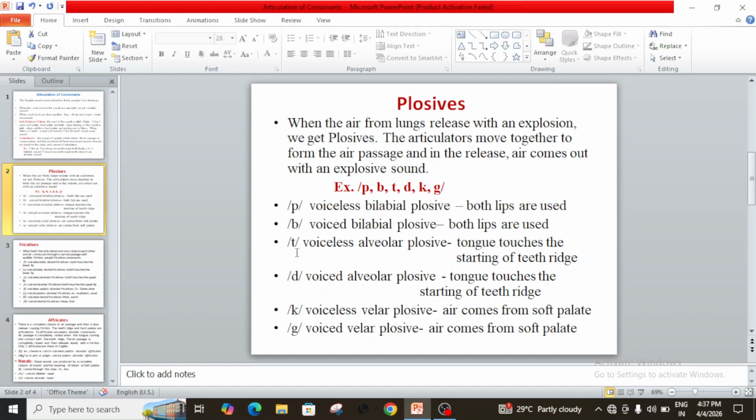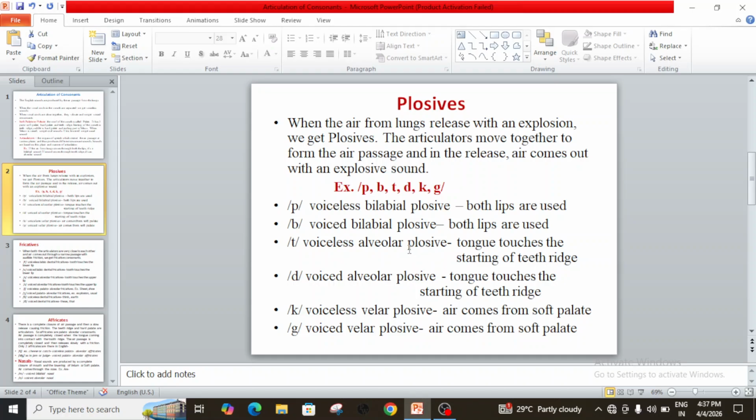Next example is T. T is voiceless because there is no vibration of the vocal cords, and it's an alveolar plosive. Plosive means air comes out from the mouth with an explosion.